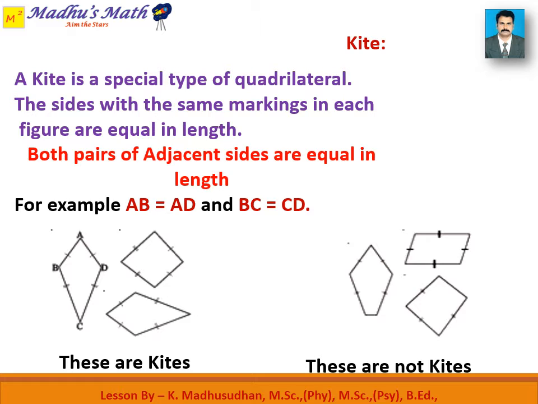So here in the quadrilateral to the left, you can identify that AB is equal in length with AD, as well as BC is equal in length with CD. So we call the quadrilaterals to the left kites, whereas the quadrilaterals to the right are not.